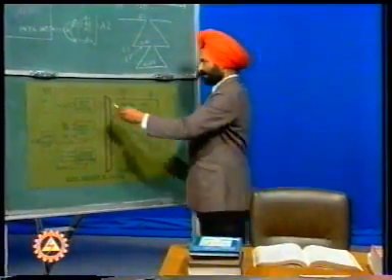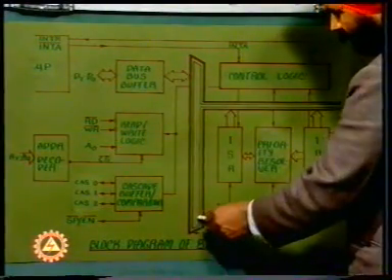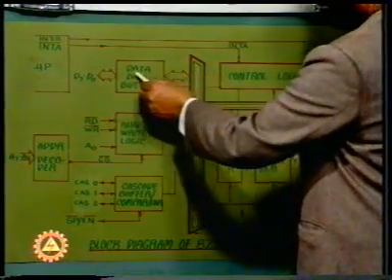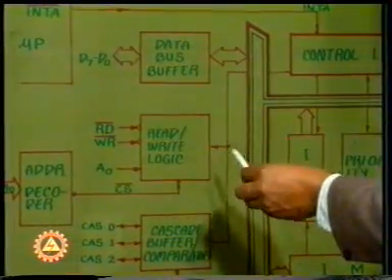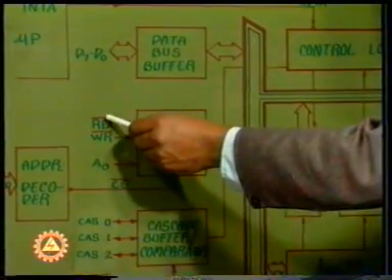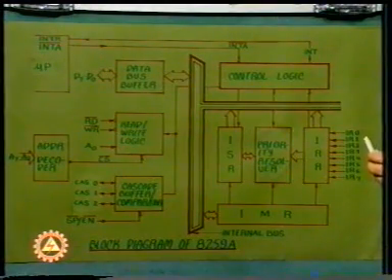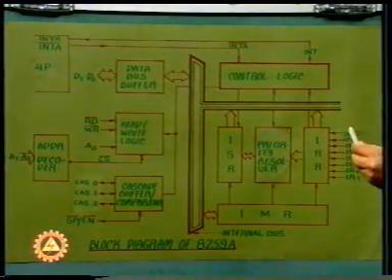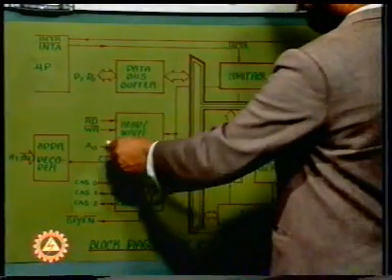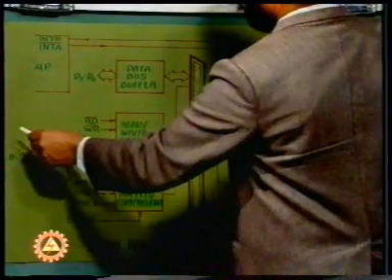The data bus buffer interfaces the internal bus of the controller with the system data bus. The read write logic has its inputs as RD bar and WR bar, which receive their control signals from the system read and write control logic. The A0 of the read write logic is connected to A0 of the address bus of the system.